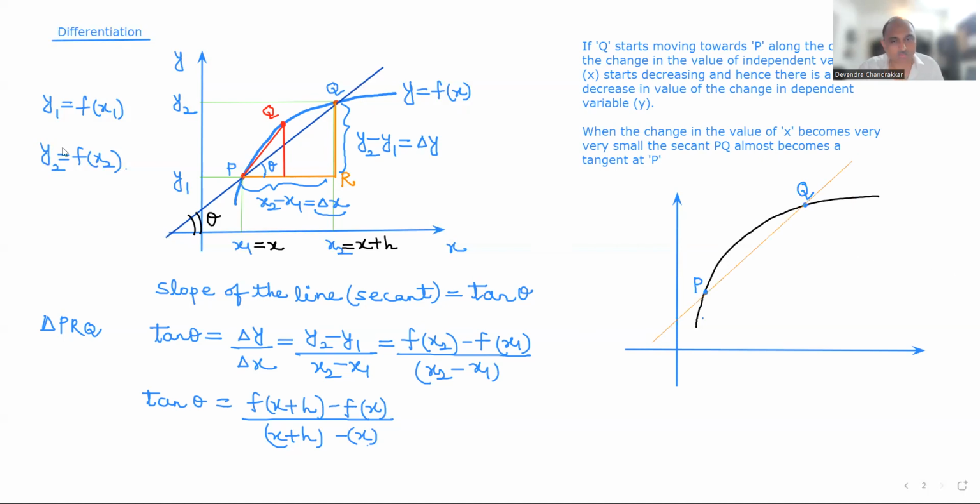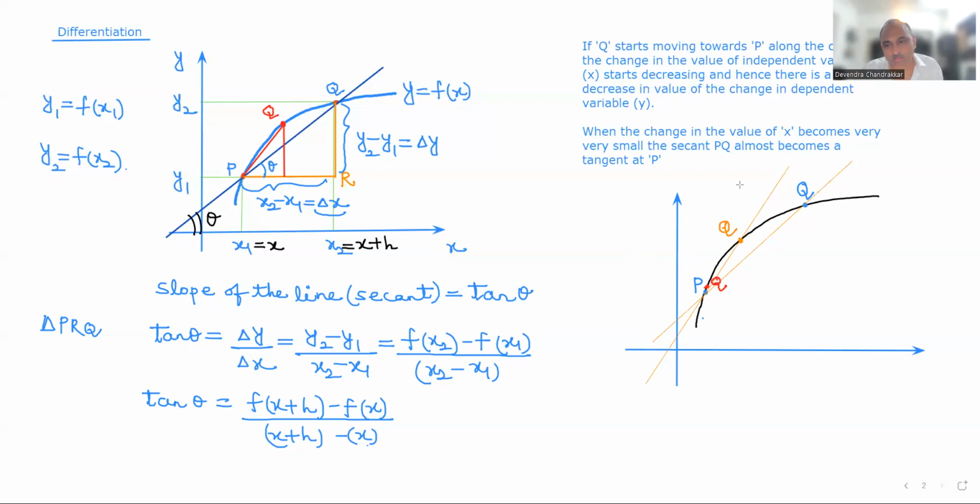Now when Q started moving towards P, let's say it reaches here. The secant will change like this. Yes or no? And when Q is very close to P, let's show it with a different color this time. Black won't work, let's use red. This is your secant, okay? This is Q. Can you see here?